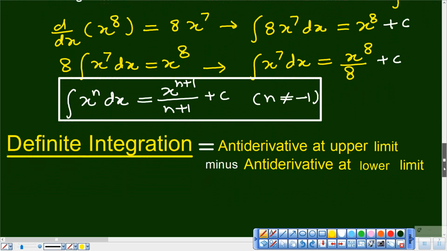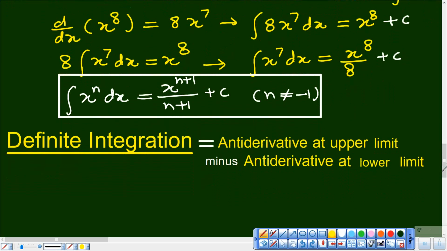Let's take an example. Let us say that I need to compute integral x cube dx, and I attach two limits also to make it definite integration. Now see the difference. This is the indefinite integration, but if I attach two limits, let's say 2 and 3, any two real numbers, then it becomes definite integration.